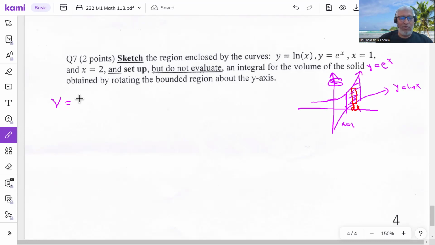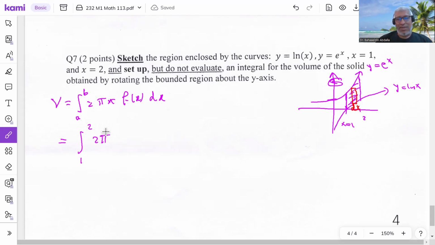The volume would be the integral from a to b, and again I'm going to use dx because the width is dx, of 2 pi x times f of x dx. He just needs the formula without evaluating. a is 1, b is 2, so dx runs from 1 to 2, 2 pi.